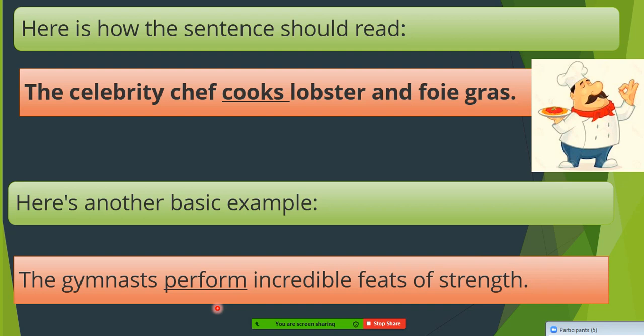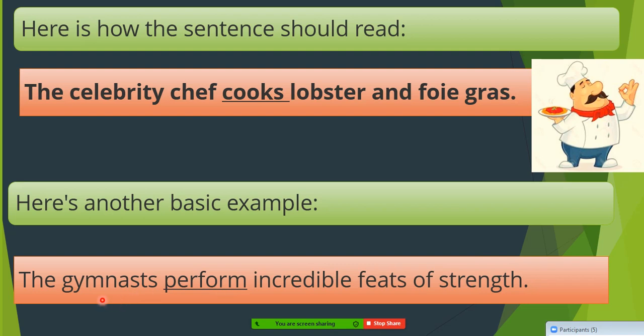Gymnasts perform incredible feats of strength. Is there a mistake in this sentence? Yes. What is it? Where is the subject first? Perform. Where's the subject? A gymnast.